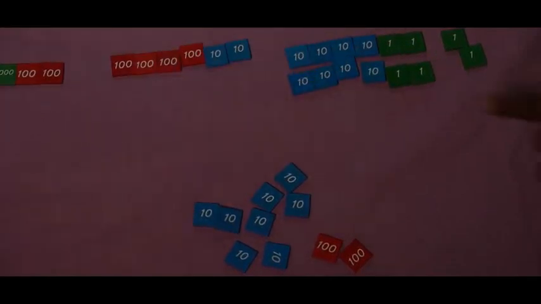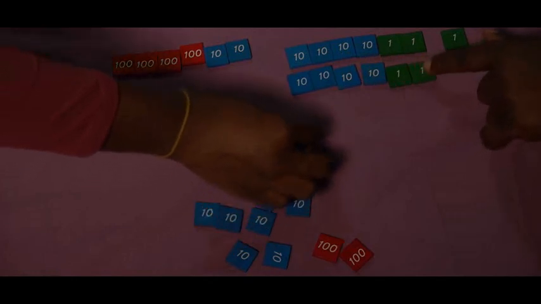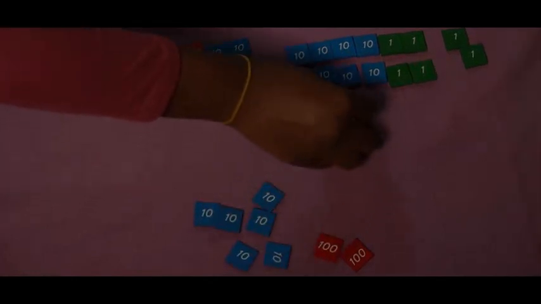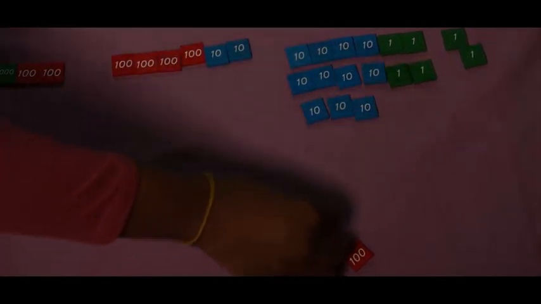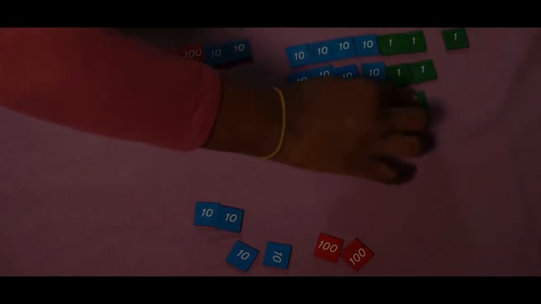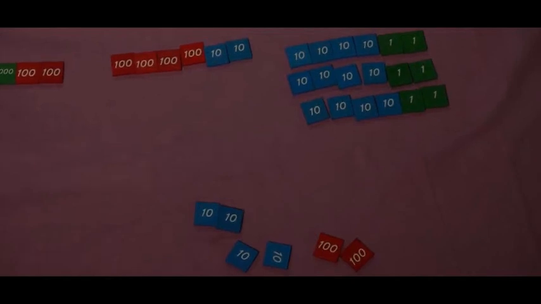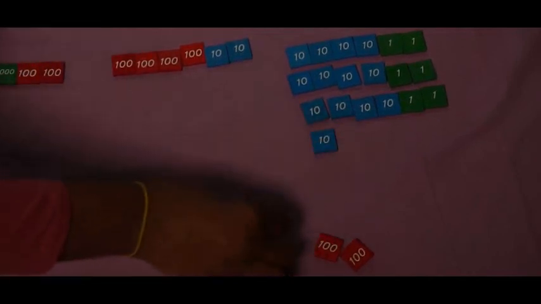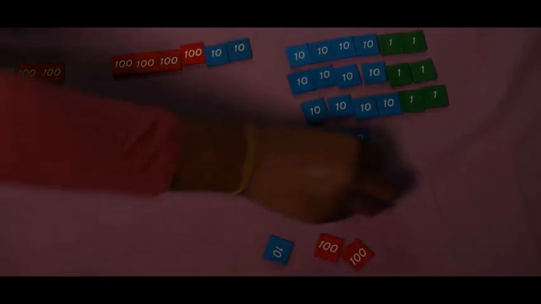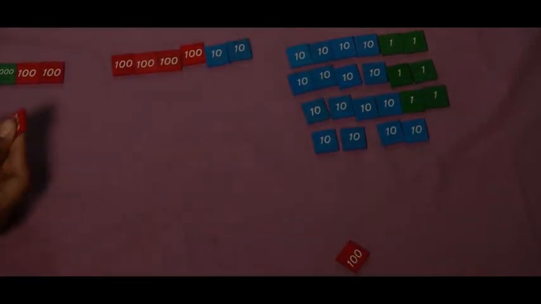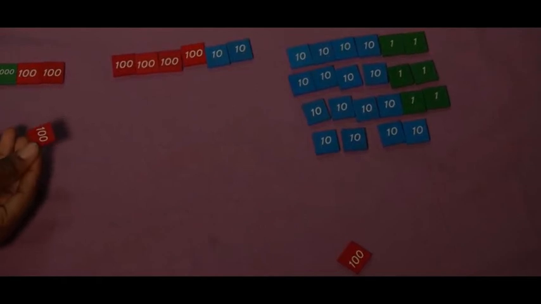Two groups. Continue. You have to exchange this 100 by 10. Exchange it for 10 tens.